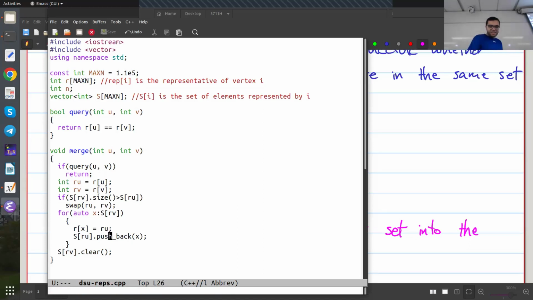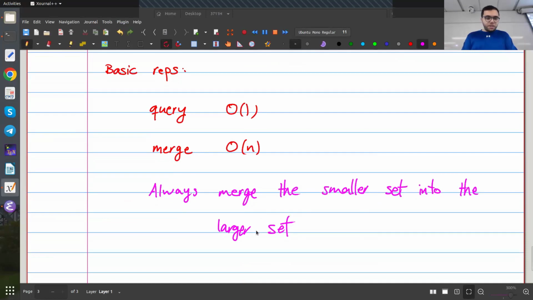And then this one just merges the smaller set into the larger set. Okay. Now, again, this just seems like a heuristic. It seems like we didn't gain anything, because what am I doing? I'm just changing the representatives. And in the worst case, maybe both of my sets are really big. Imagine if I have two sets and each of them has half of all of my elements. So this would still take O(n), right? So my merge is still O(n) and my query is still O(1).